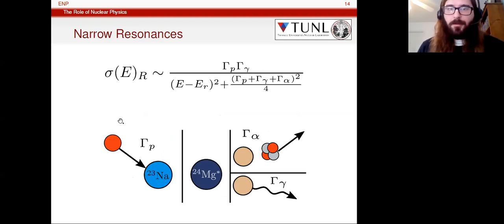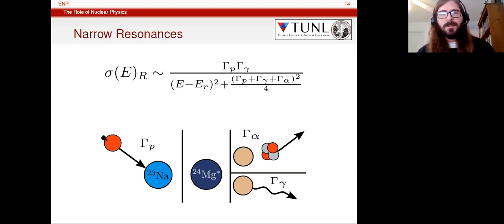What contributes to this rate, beyond just the Coulomb penetration and the Maxwell-Boltzmann distribution, is the presence of narrow resonances within this specific peak region. A simplified way of thinking of these resonances is that there's some probability of the proton being captured, given by the proton partial width. Once it's captured, we have an excited state of magnesium-24, which is the compound nucleus.